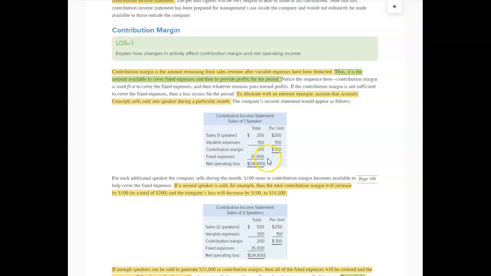Now, if our fixed expenses are still at $35,000, we have a loss of $34,900. So again, an extreme example, but hopefully this makes clear what contribution margin is, and that it helps to start to pay for fixed cost, even though we don't have very much right here. And then the net operating loss is $34,900.